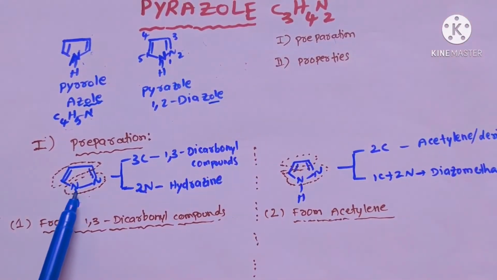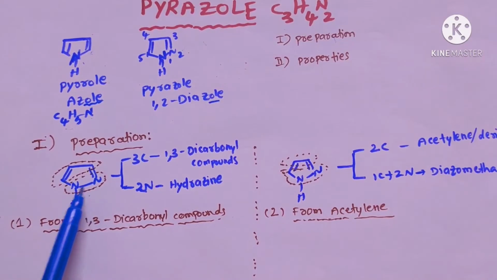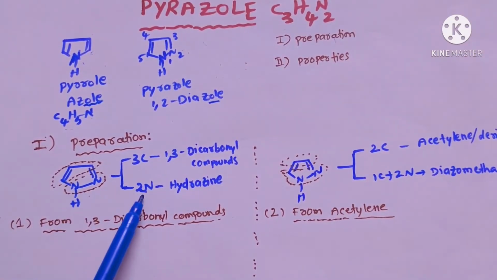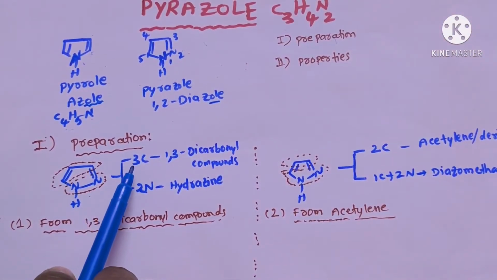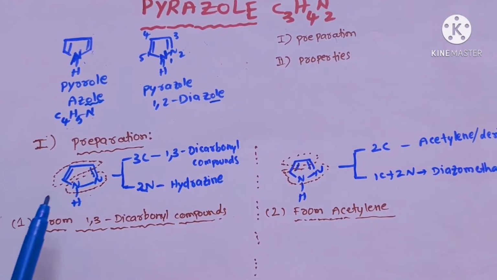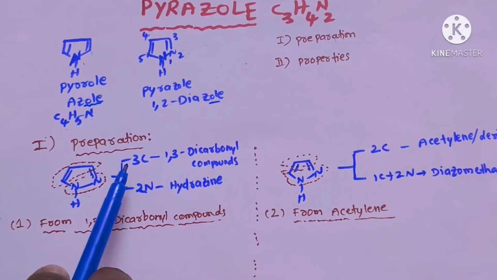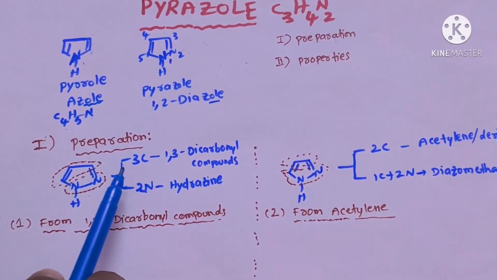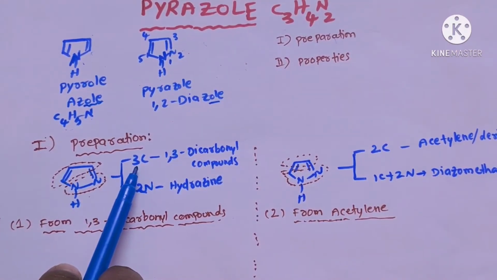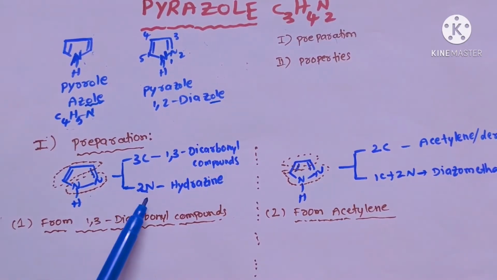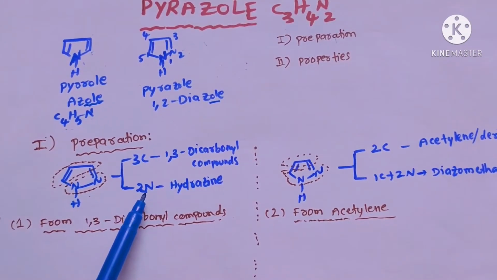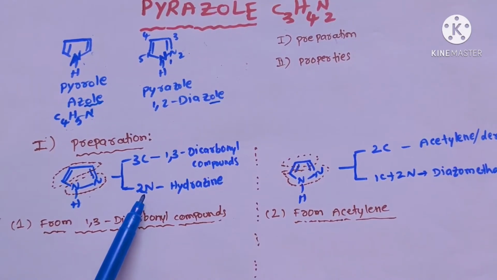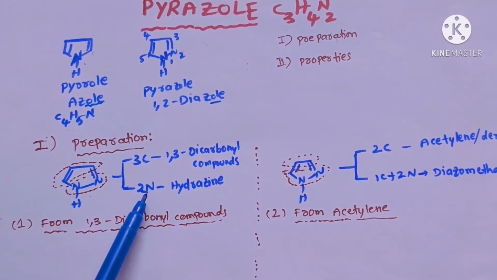If we break it in this way, 2 nitrogen atoms come to one side and 3 carbon atoms go to the other side. So in this method, we have to take two reactants: one reactant should contain 3 carbon atoms, and the other reactant should contain 2 nitrogen atoms side by side. That means adjacent nitrogen atoms should be present in that reactant.